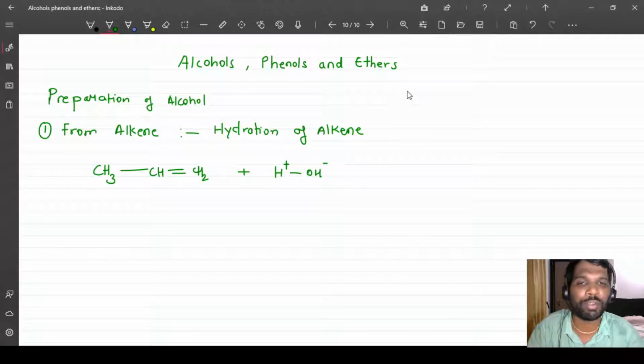Whenever we try to add any molecule, the positive and negative part is there. So the negative part of the adding species goes to the carbon which has a lesser number of hydrogens in a carbon-carbon double bond.